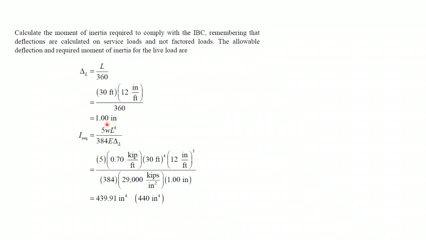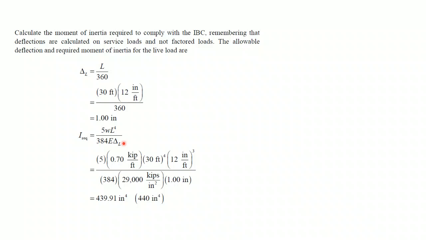Now, since this is deflection for live load, delta L is for live load, and it is a service load. Deflections are computed only for service load, not the factored load. So we can use this deflection to get our section property.